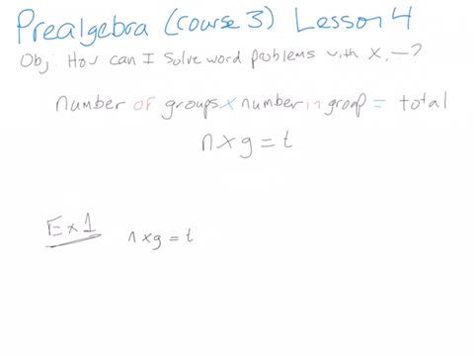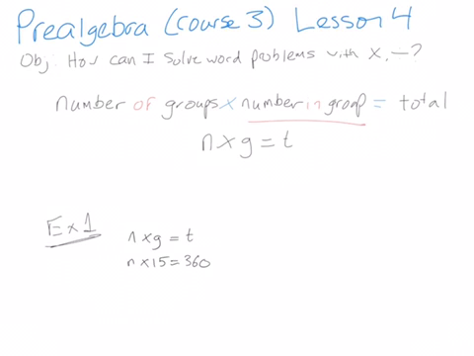So that tells us the number in the group. There's 15 chairs. So I'm going to replace that G with the 15. Then it said that there was 360 chairs. So that's kind of our total. There were 360 chairs altogether. So I'm going to replace the T with the 360. So that means the only piece I'm missing is going to be this N.